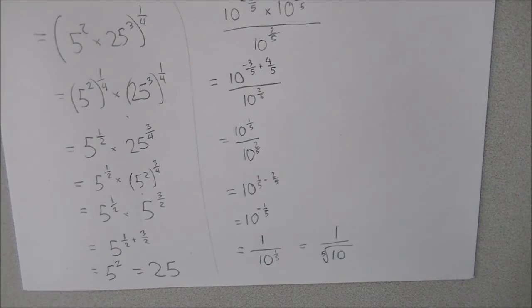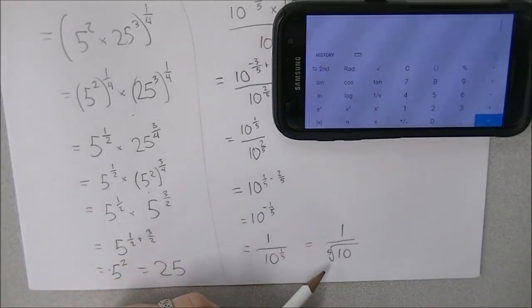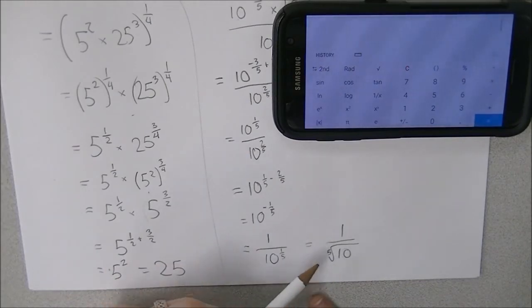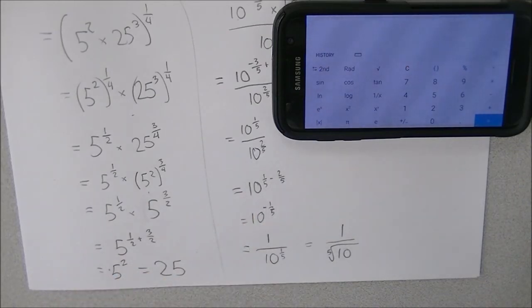And to go anywhere beyond this, I'm going to need to pull out the calculator. Okay, so I need 1 over the 5th root of 10. Or maybe I could just type in 10 to the negative 1/5.